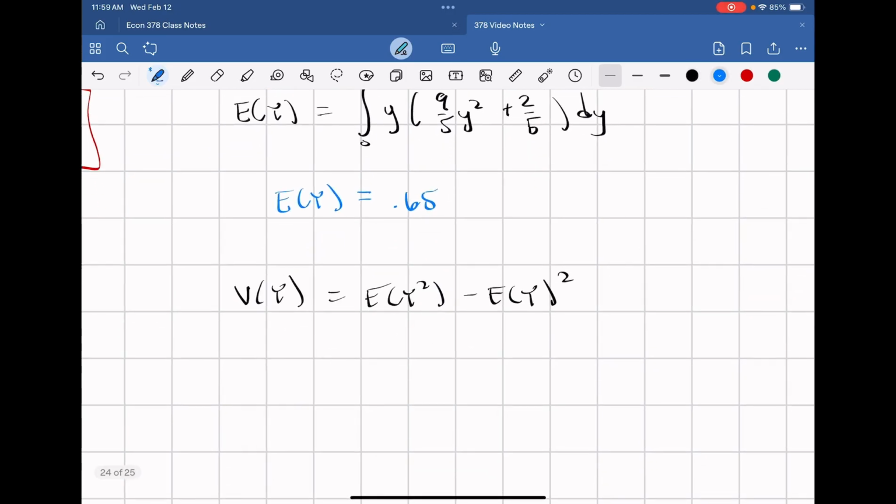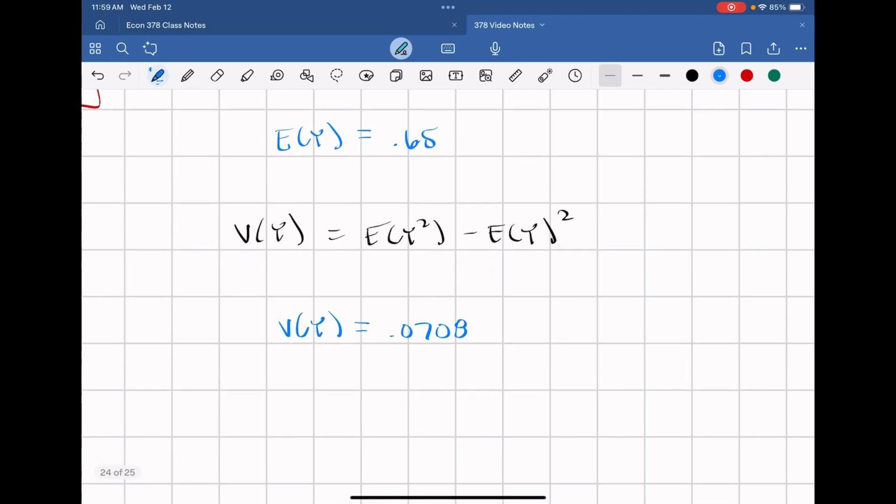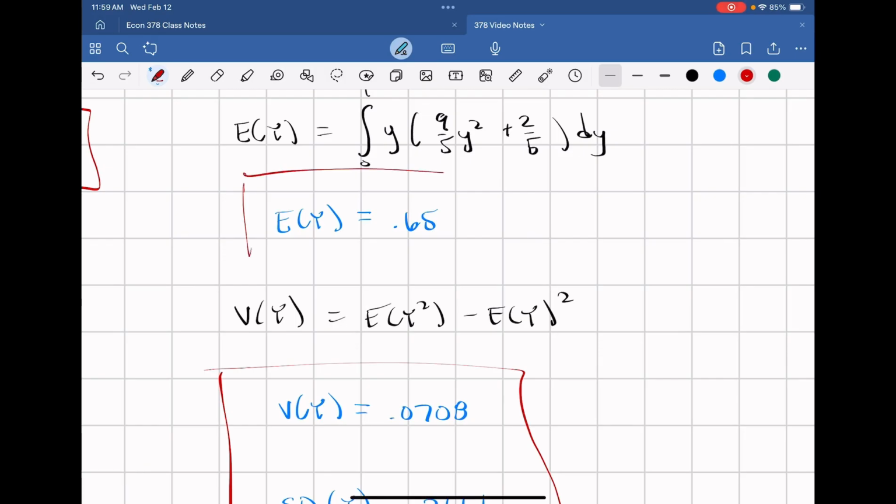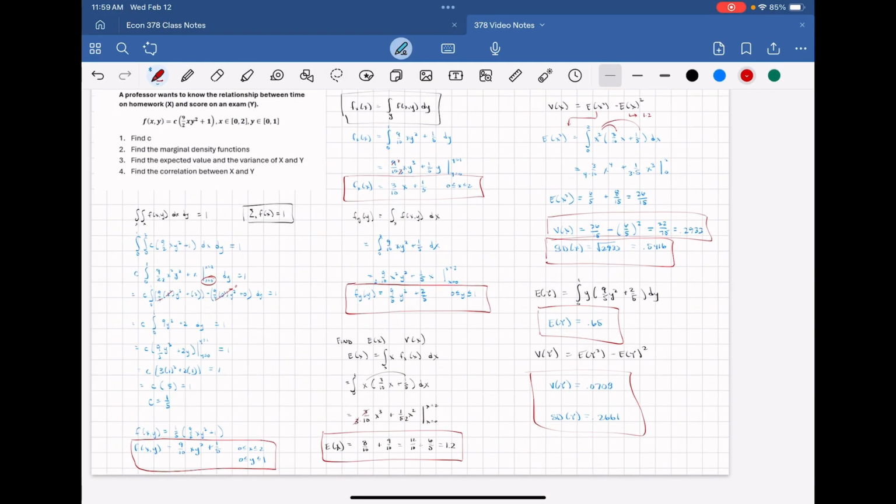And so when we solve for this, we get that the variance of y is equal to 0.0708, which makes the square root of that, the standard deviation of y, equal to 0.2661. So there we have the variance of y and the standard deviation and the expected value of y.